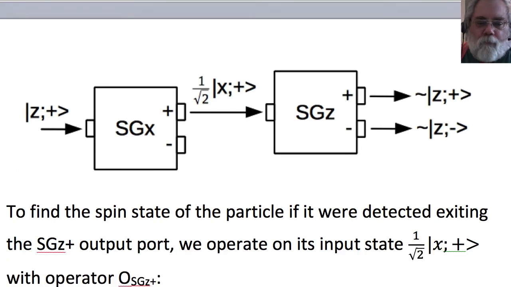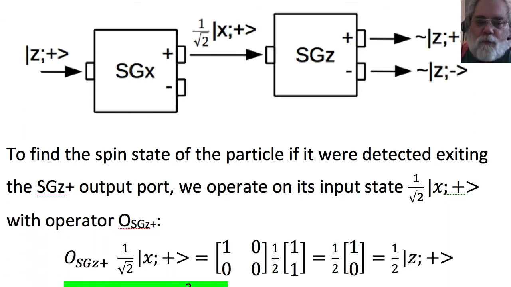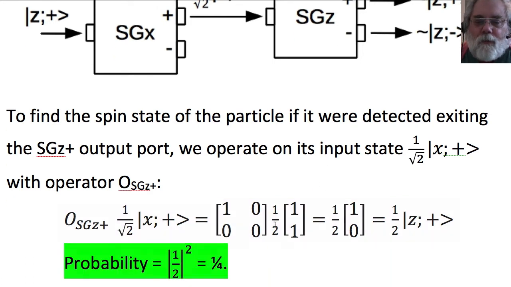Same procedure as always, it's just now we're interested in this second box, the SGZ box, and its input is 1 over square root of 2 x plus. So we already know that that is 1/2 times the column vector 1, 1.